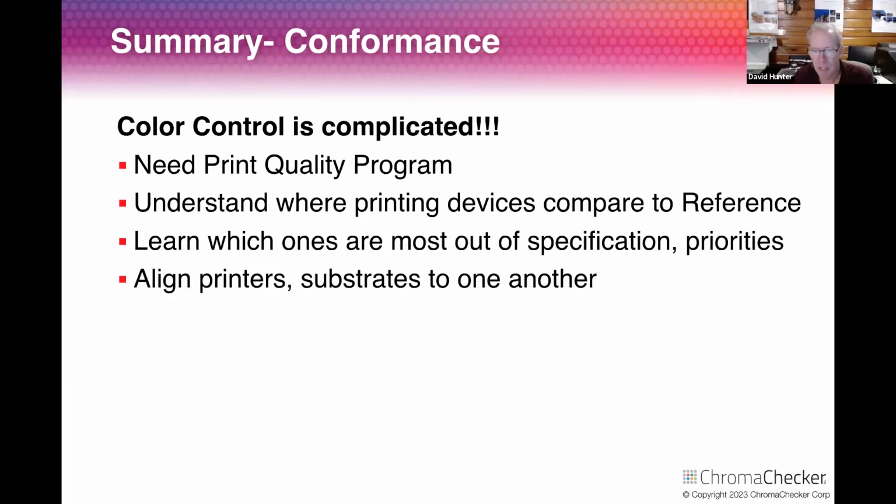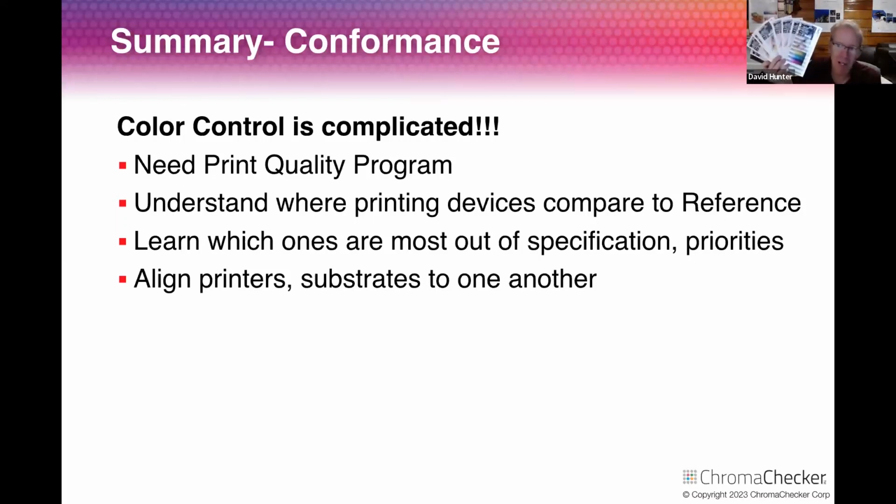Align your printers, your substrates to one another. Here's a sample from a customer where they printed the same image on 30 different substrates. Now, do they have 30 different profiles? No, they don't have 30 different profiles. For the 30 different substrates, they probably have 6 different profiles.